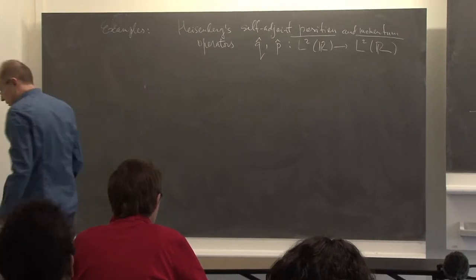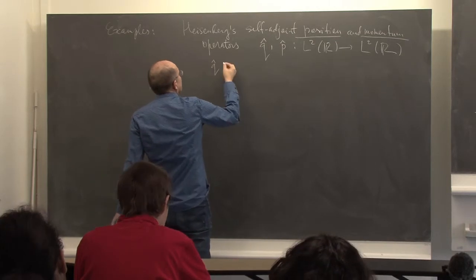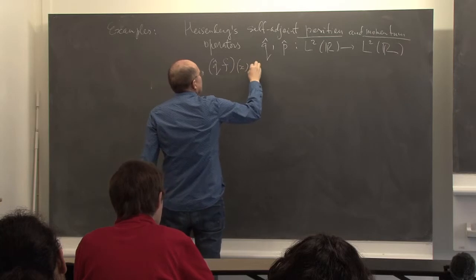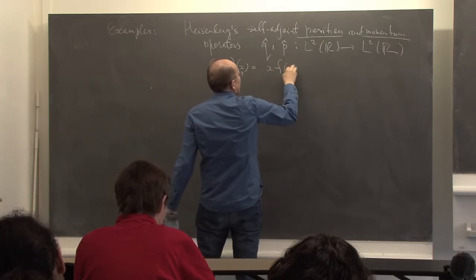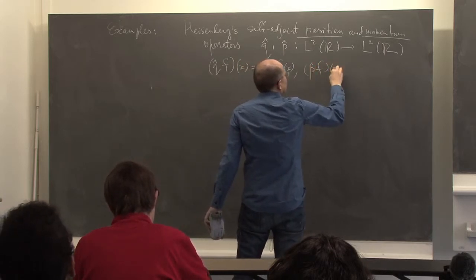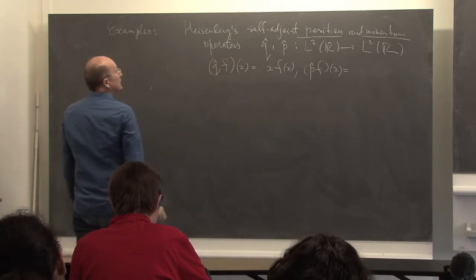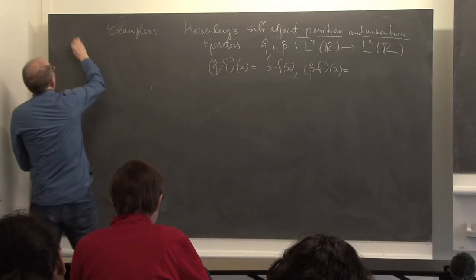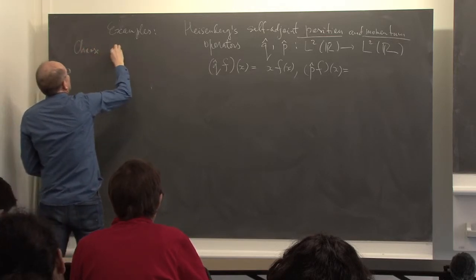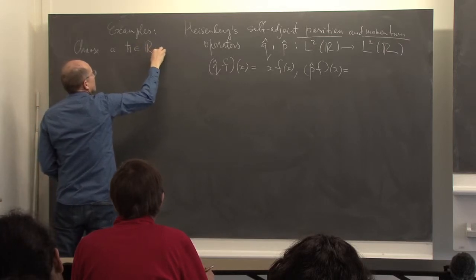And the action is the following. So Q hat acting on f evaluated on x is equal to x times f of x. And P hat f of x is equal, okay, so I have to choose a parameter called h bar, which will be just a positive real number.